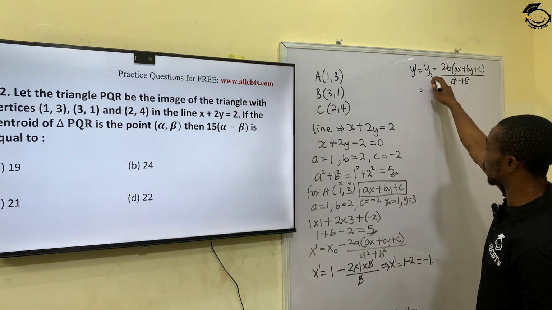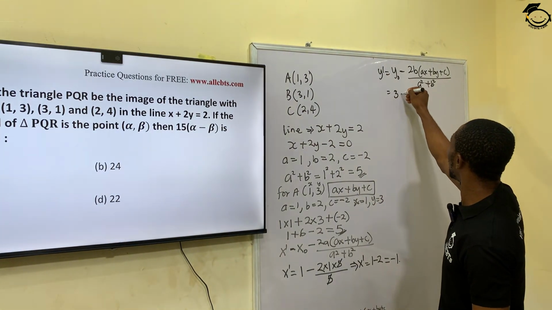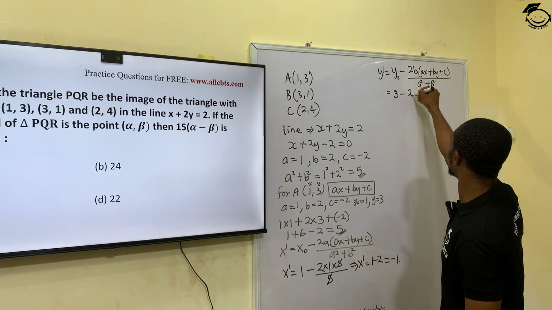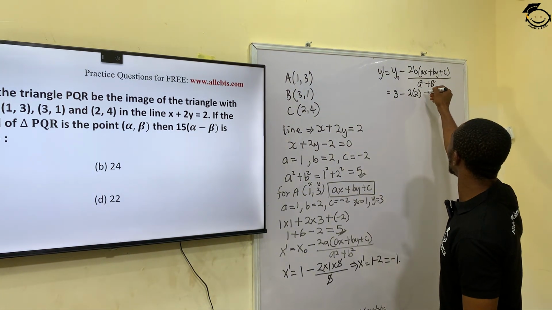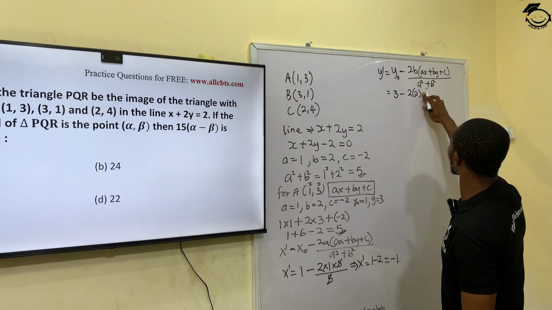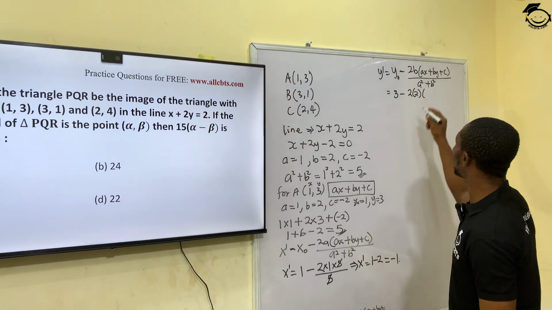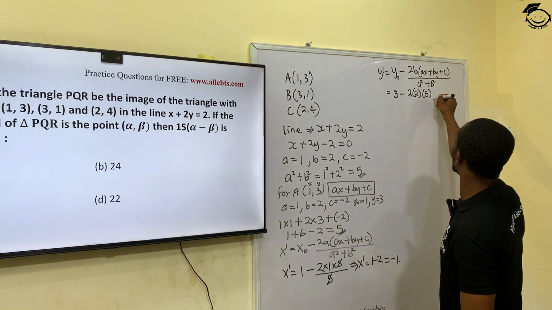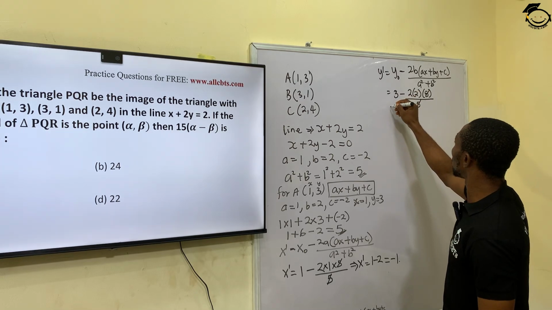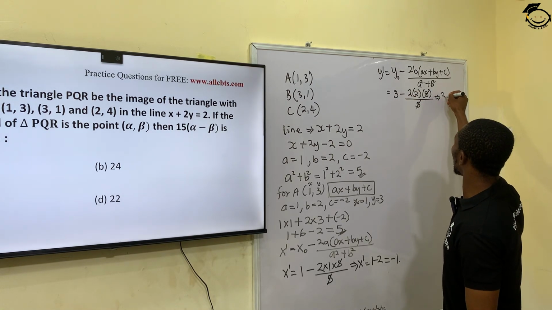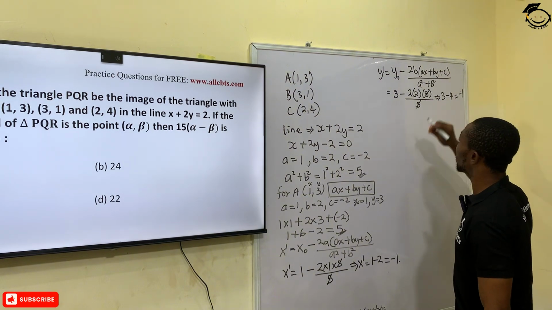Now our y0 will be 3 minus 2, b is 2, times, all this has been summed up to be 5, all over 5. So 5 cancels 5. This gives us 3 minus 4, which gives us minus 1.